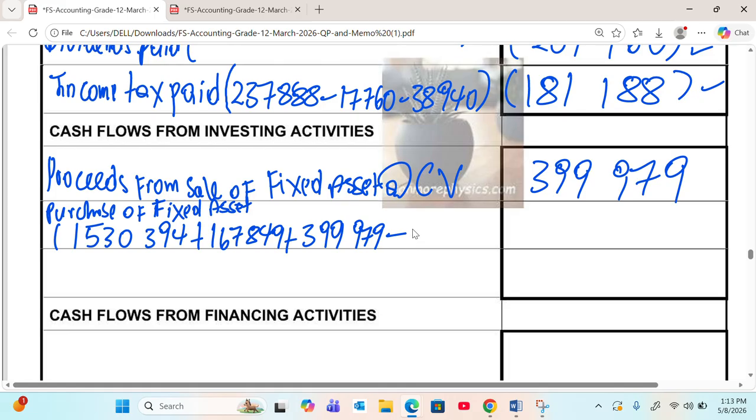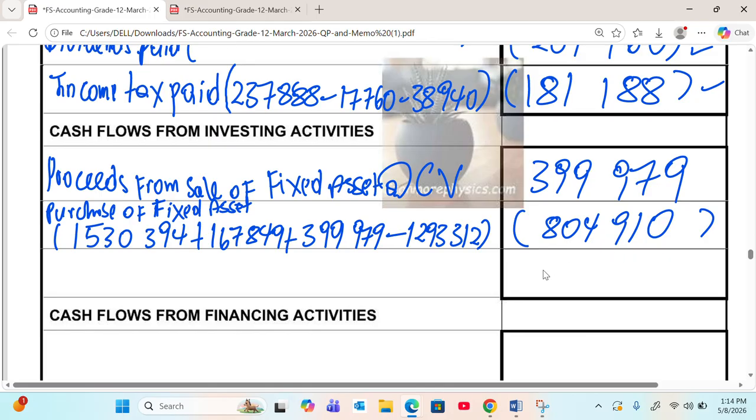You can always go back and check 1,293,312. Then we have our outflow, our purchase of an asset, an outflow of 804,910.